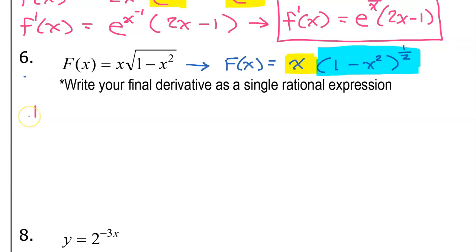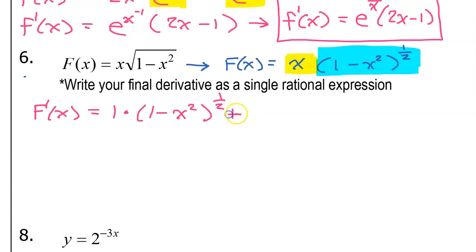So when I write f prime of x, the first time through I take the derivative of x, which is 1, which I really did not need to write, and then I leave the second factor alone. So I have (1 minus x squared) to the 1/2 power.